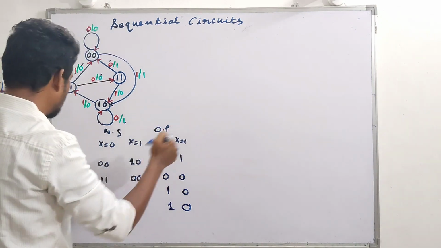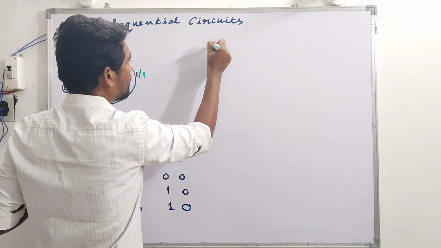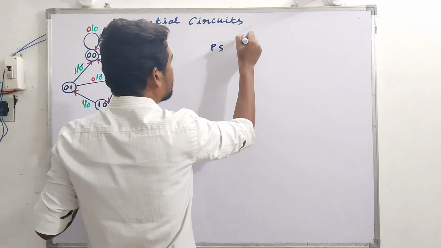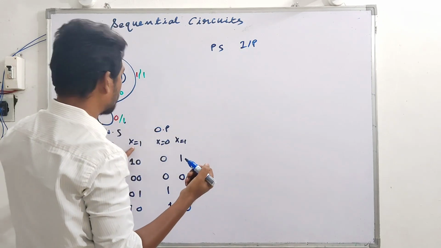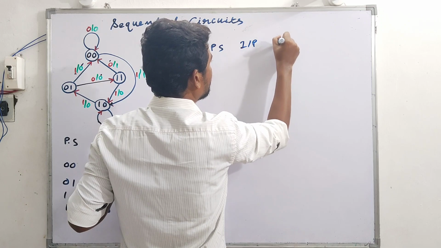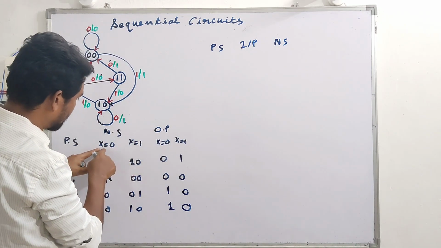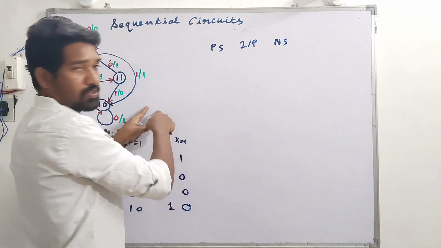Alright, so for the excitation table we will once again have the present state and input, and also the next state, for different values of 0 and 1. And we also need 2 flip-flops.